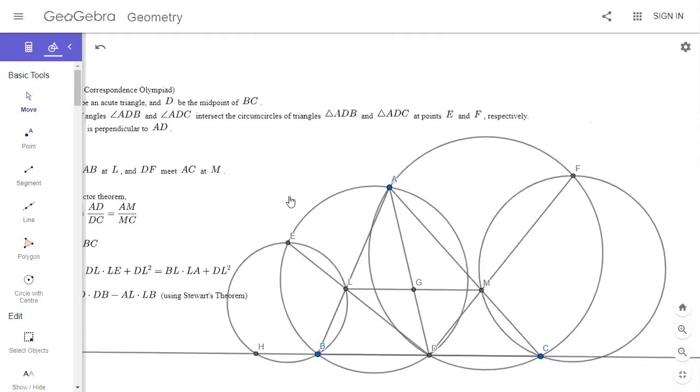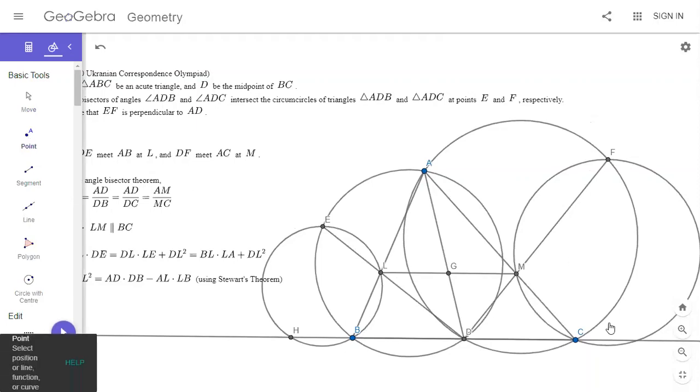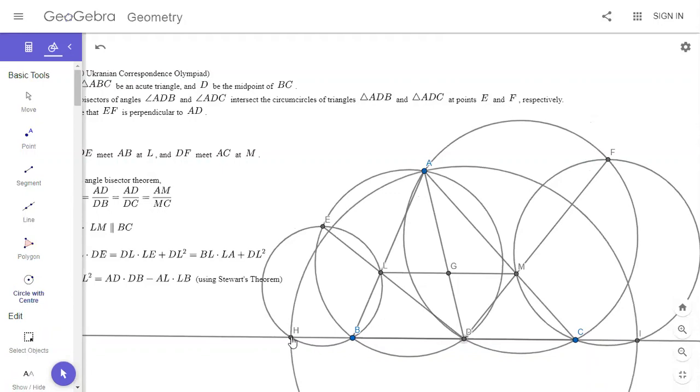And I guess this configuration kind of looks familiar. So that's why I thought about it. But can we show DH equals DI? I don't know if I made it easy or not, but so yeah, we want to show angle HAI is 90.